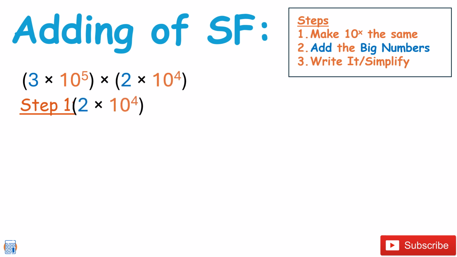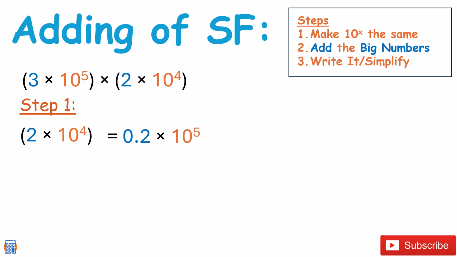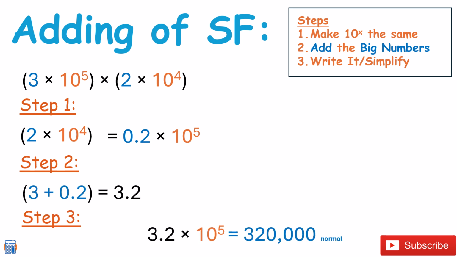So we have 2 times by 10 to the 4, and to make that into 10 to the 5, we of course need to move the decimal place to the left, that adds 1. So we end up with 0.2 times by 10 to the 5, and then finally you can just add the big numbers, 3.2, and then simplify it. This gives you 3.2 times by 10 to the 5.